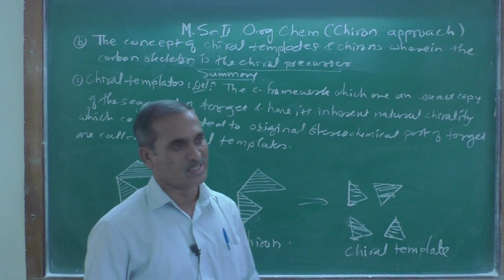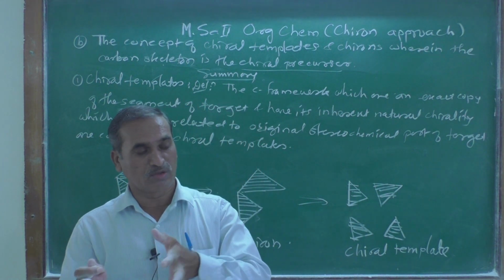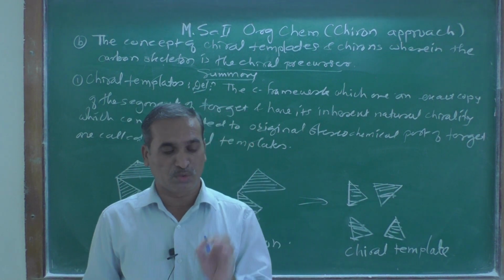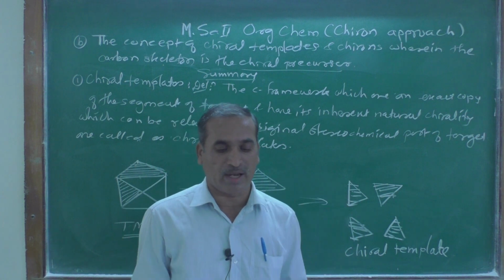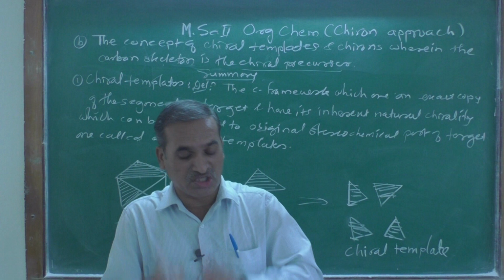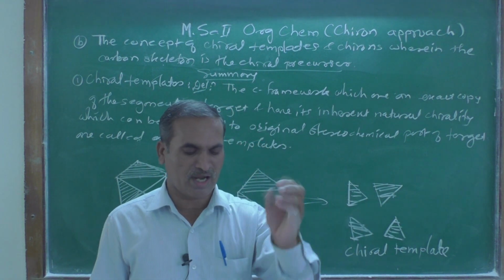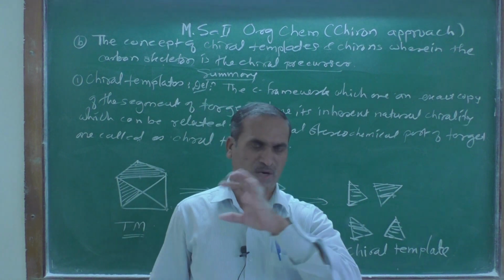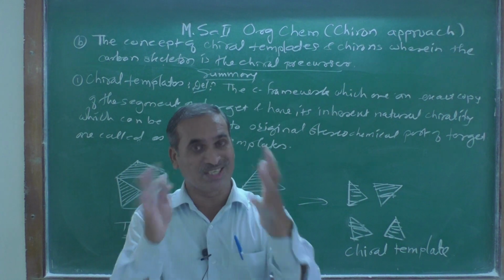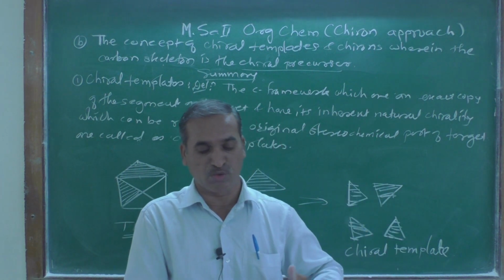So tomorrow we will see the next one, a very important one. What is that one? There are 6 molecules, and we are going to learn utilization of the chiral template and the basic concepts in their synthesis. There are 6 natural molecules we are going to synthesize by keeping the chiron approach, whatever we have seen so far.